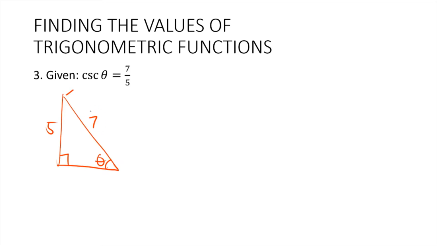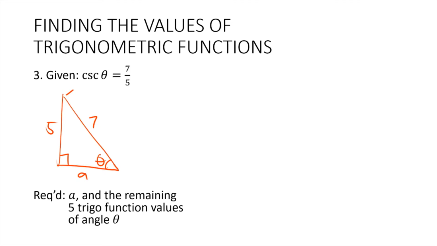However, the opposite side will change, okay? So if this is where we put theta, then the opposite side of this angle is this side. So again, if this is where we put theta, then we put 5 here. Alright, so let's just follow this arrangement, okay? And let's call the missing side A. So we are required to find A and the remaining 5 trig function values of angle theta.